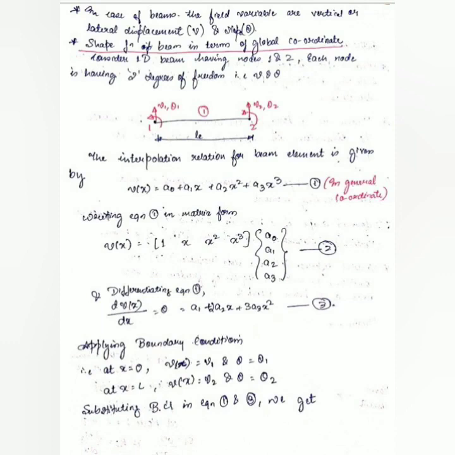Writing equation 1 in matrix form, V of x equals [1 x x square x cube] multiplied by the column a0, a1, a2 and a3, that is equation number 2. If you multiply these two matrices, you will get the same equation 1 again. But if you reduce equation 1 to matrix form, it is very easy for function calculations.